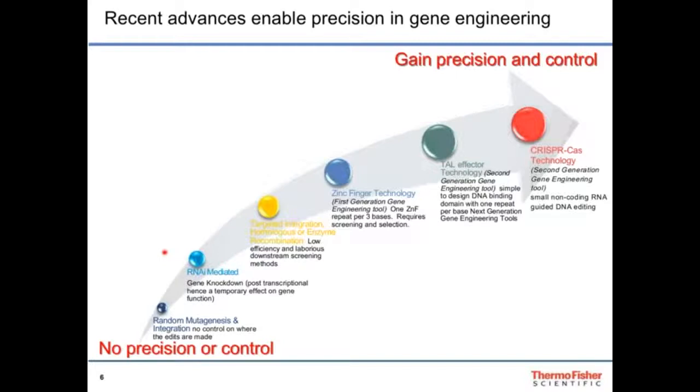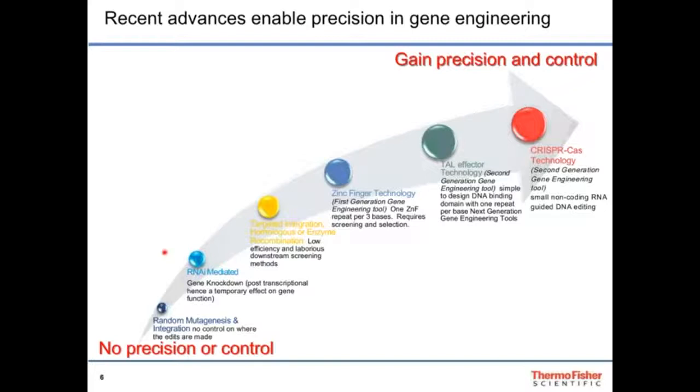But we learned quickly that these tools were not that specific. So you might knock down the gene that you're looking for, but you oftentimes would knock down a family of transcripts that might give you a phenotype that's not as specific as the one you're hoping for. So RNAi knockdown screening oftentimes requires follow-up screening to look at those gene expressions in orthogonal ways.